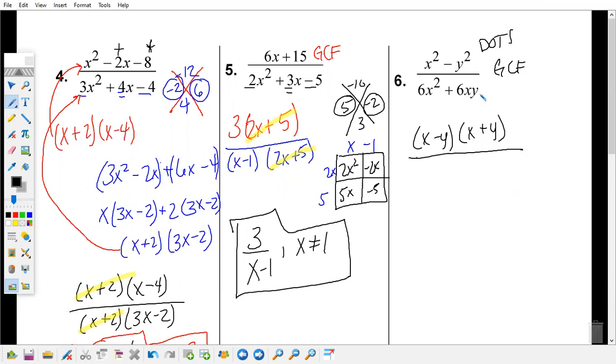Over, and now it's just GCF. And what's the GCF of the denominator? They both have a 6, and they both have at least one x, right? So we take out 6x, and we're left with x plus y.